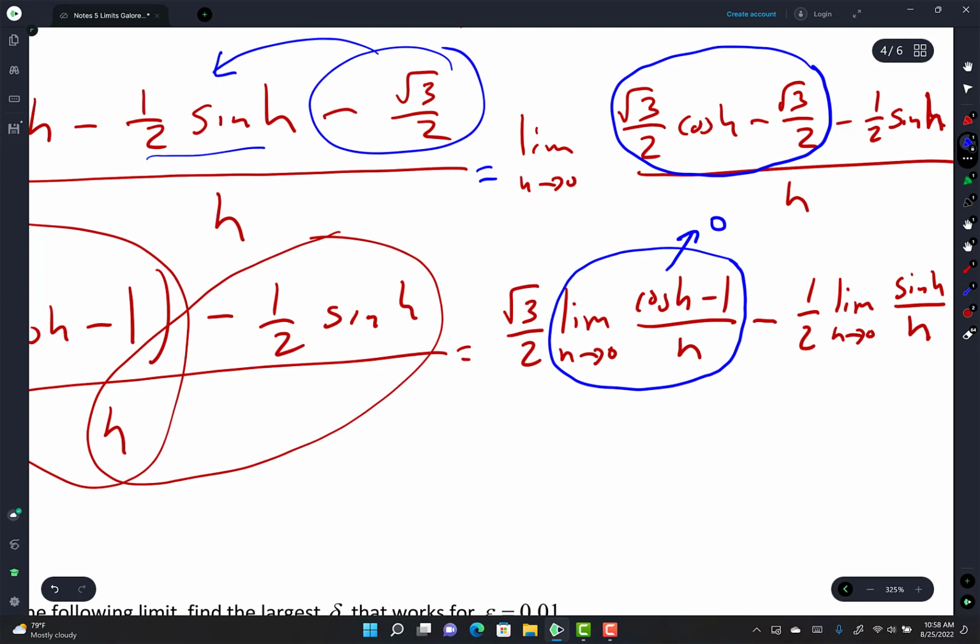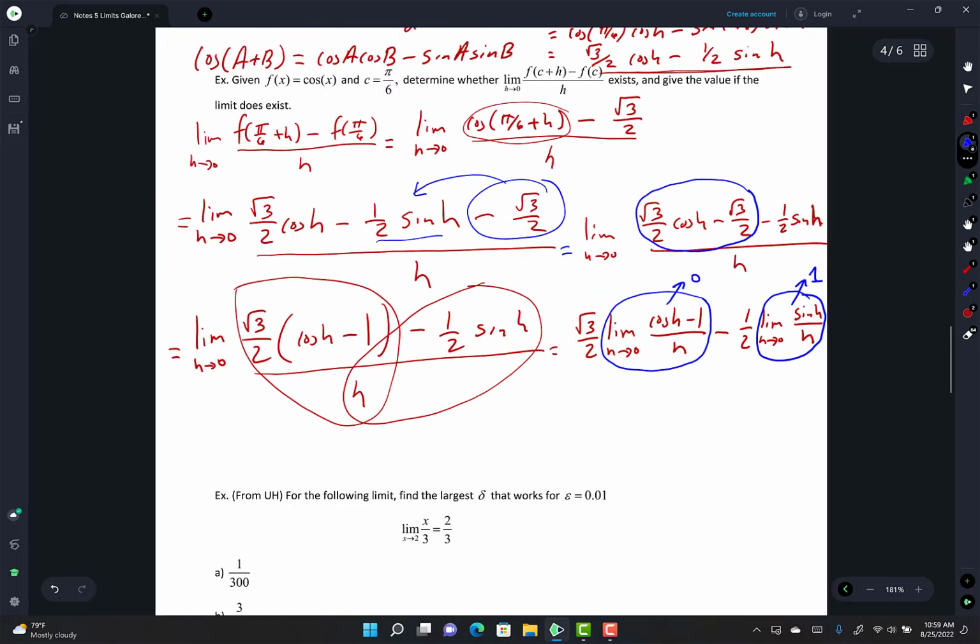And then look at this one. This one says sine h over h as h approaches 0. That one is 1. So I have square root of 3 over 2 times 0, minus 1/2 times 1. So what's my answer? Negative 1/2.